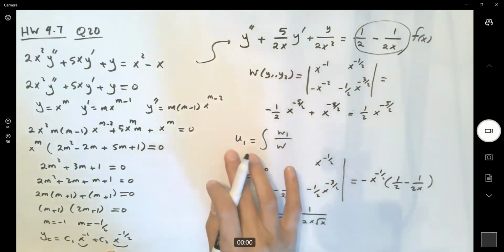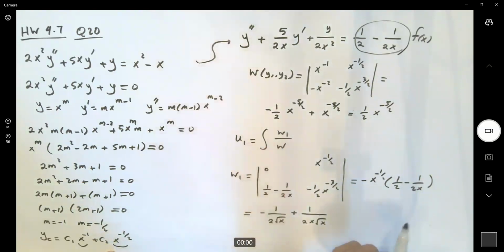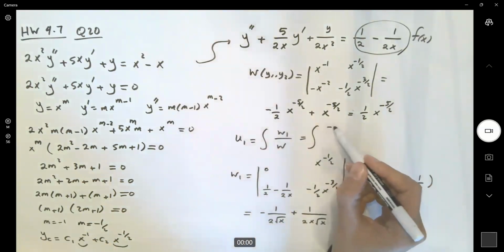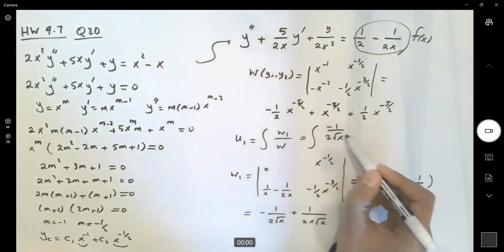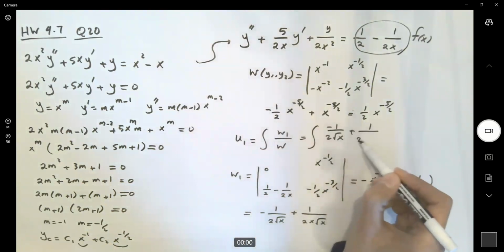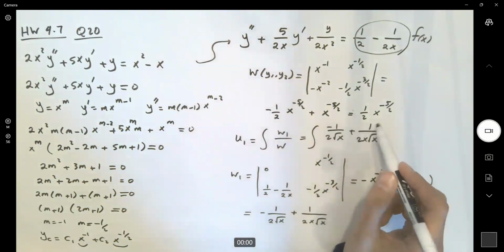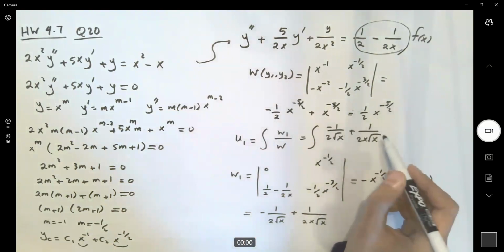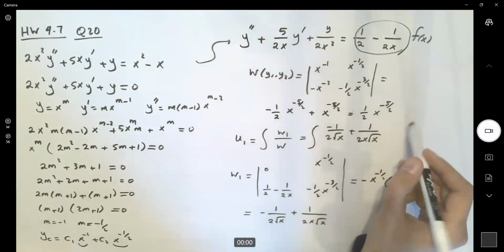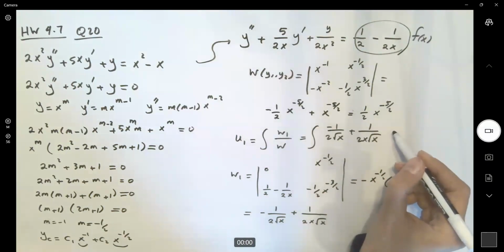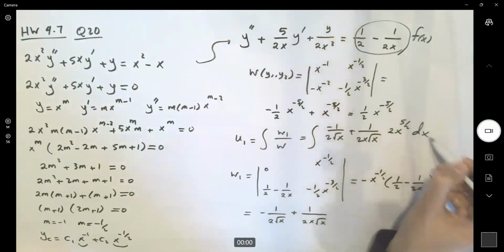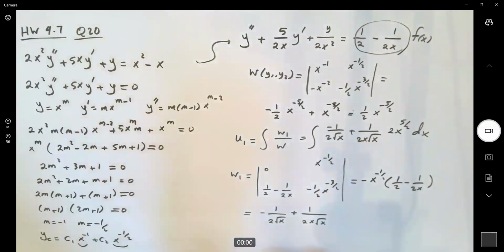Now you have to plug that into the integral and take the integral. This becomes the integral of -1 over 2 square root of x plus 1 over 2x square root of x. And remember that your Wronskian was a half x to 5 halves, so we divide by it, or just write it as 2x to 5 halves dx and start taking the integral. Let me erase this part.